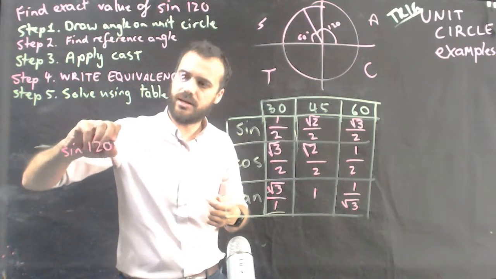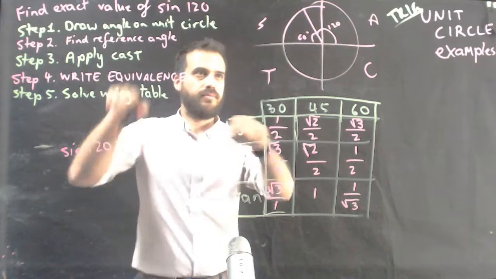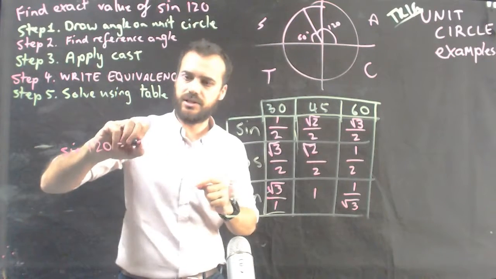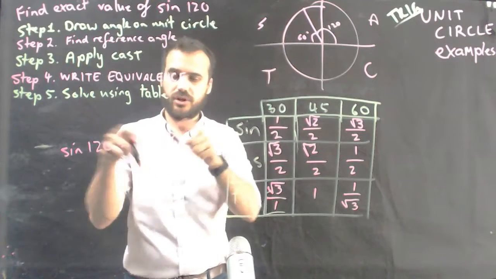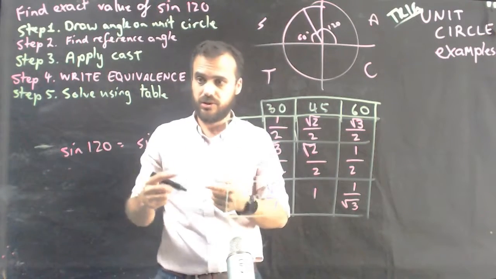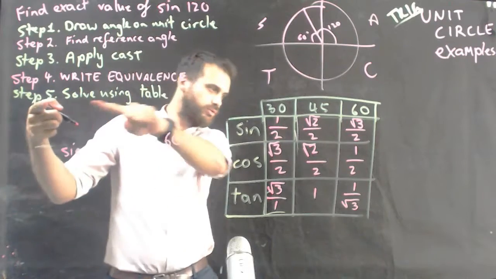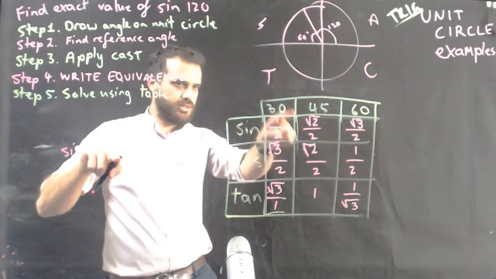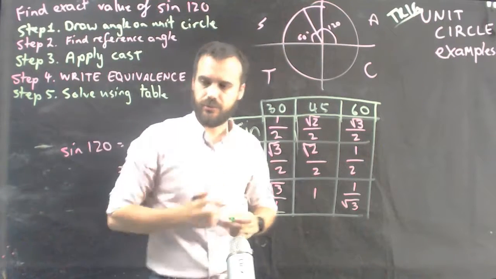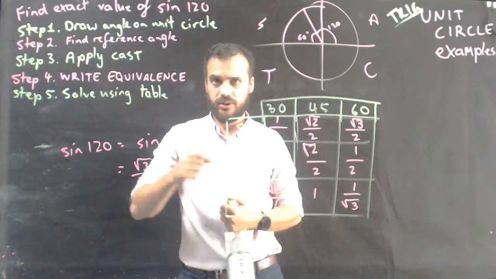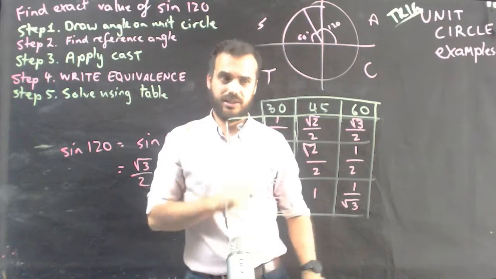Sine 120 is equal to reference angle 60, sine 60, and I'm in the sine quadrant, so my answer is going to be positive. It's not going to switch. Finally, solve using the table. Sine 60, root 3 on 2.